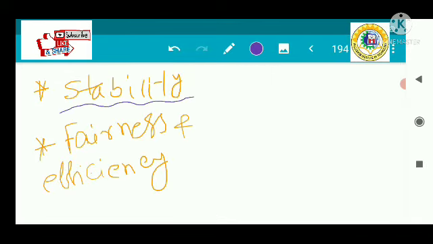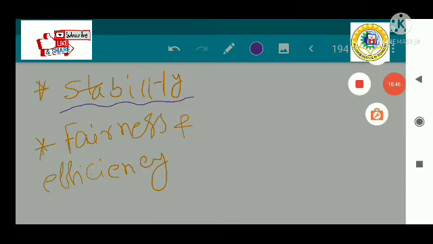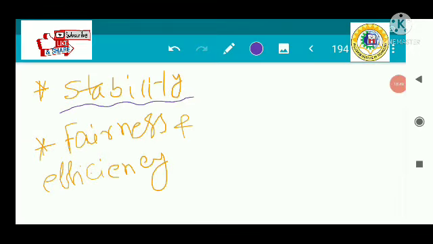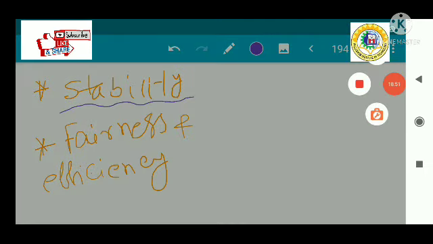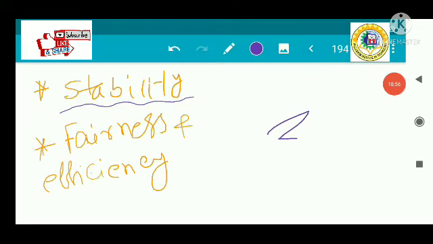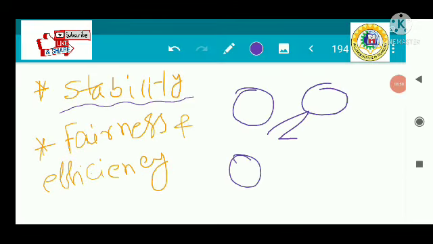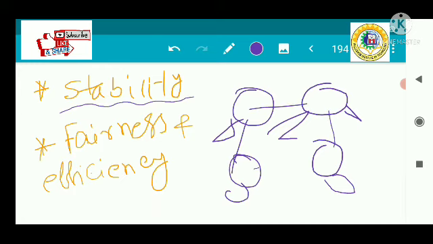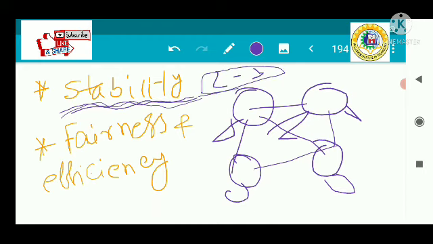Stability means the network connection between one node and another must not fail every time. You made a virtual connection through this routing algorithm. Now if this path fails after two or three successful data transfers, then it is not stable.